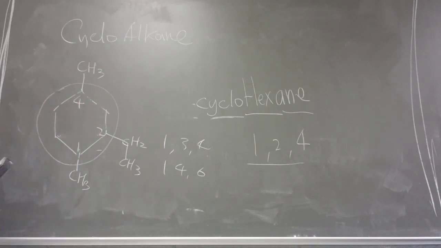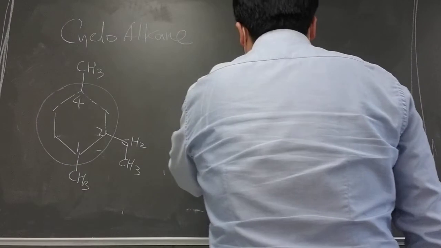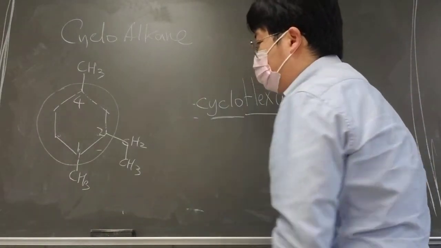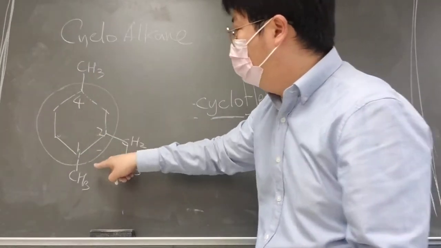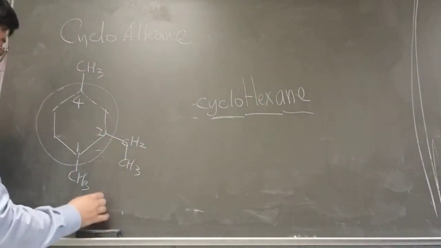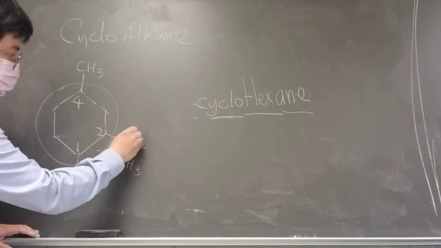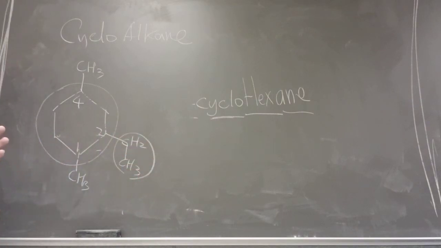Okay? Now the rest is the same as what we did in chapter 3. So we have 2 methyl groups here, at 1 and 4, okay? And you have 1 ethyl group at 2, okay? So we're going to order this alphabetically too.